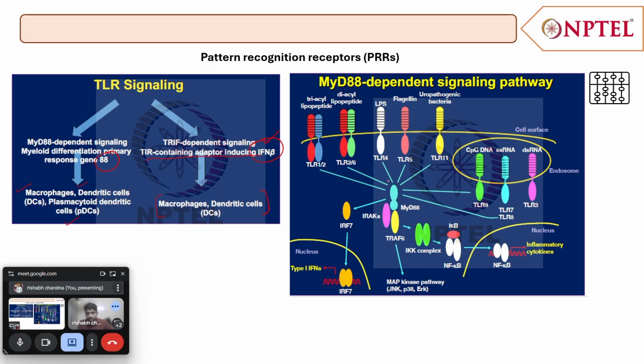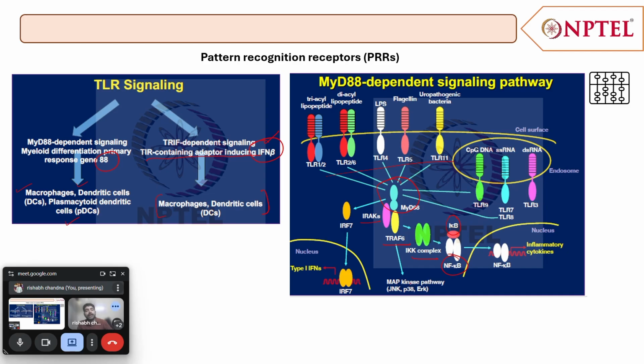Okay, so first for the MyD88 pathway, what happens is these TLRs directly act on a signaling protein, that is MyD88, present in the cytoplasm. Now, this MyD88 activates IRAKs, TRAF6, the IKK complex, and NF kappa B, which is bound to the IkB.